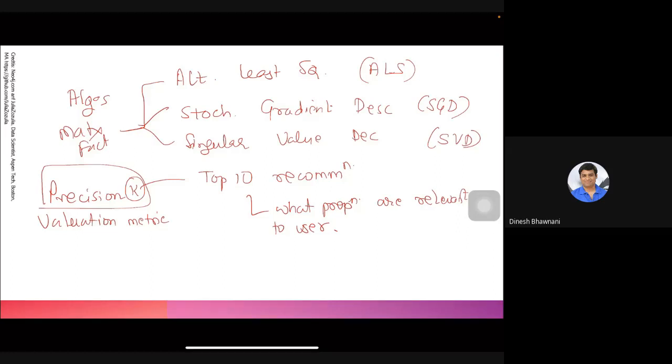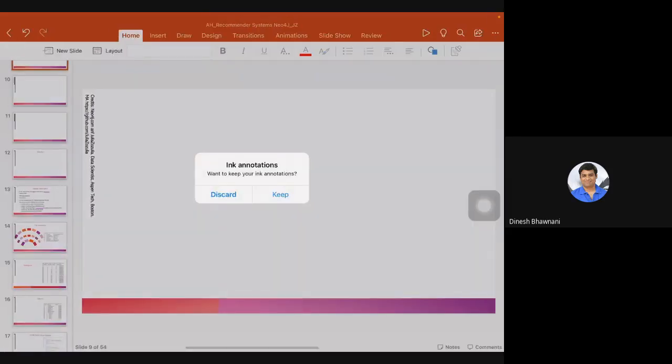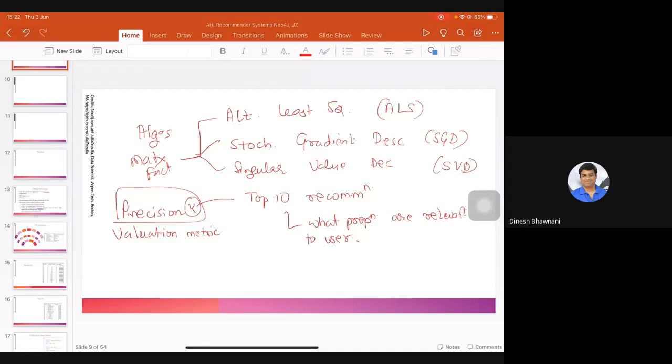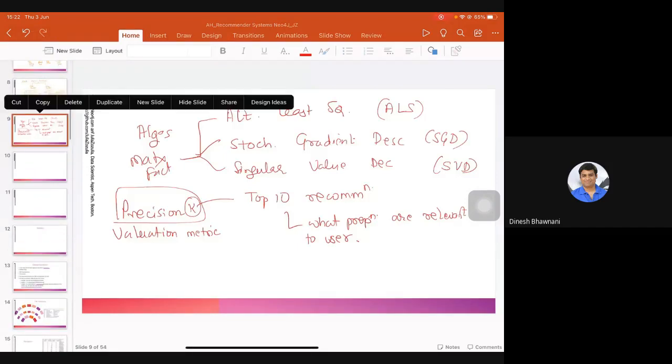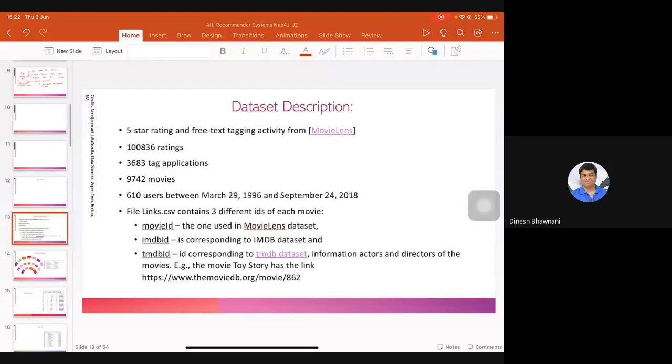Now let's just look at what the data scientist Julia Zozuli has done. So she has worked on the movie database. Okay.